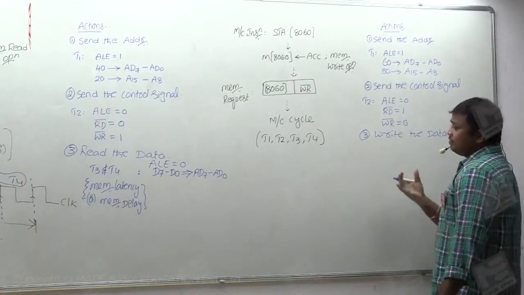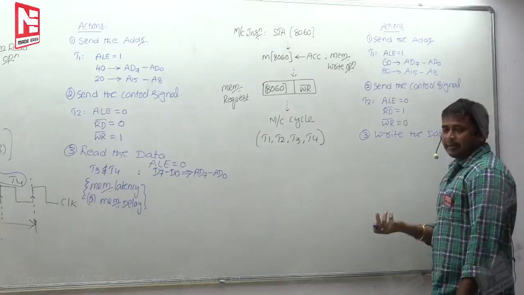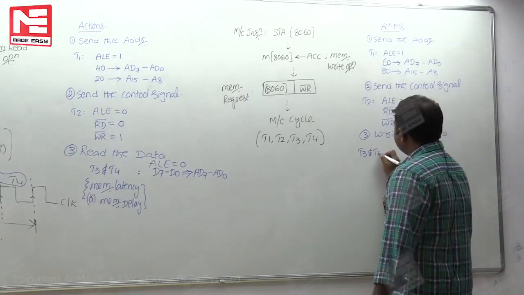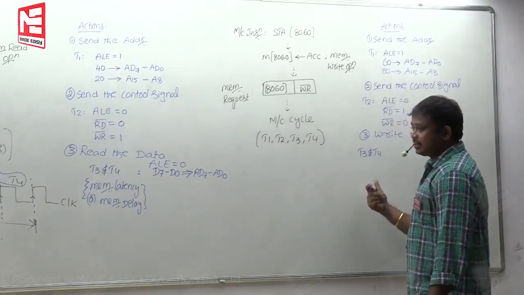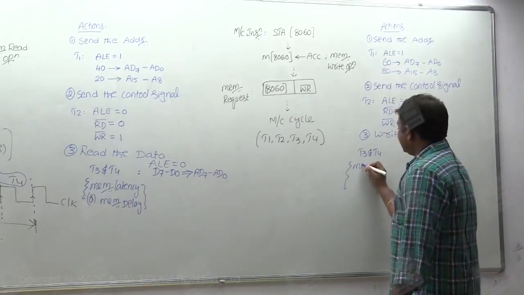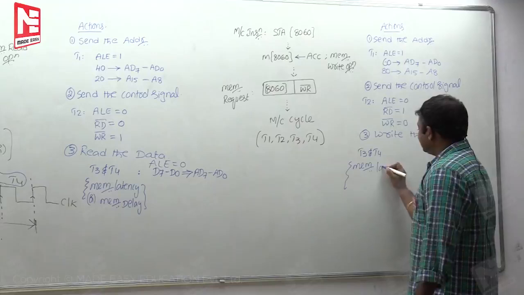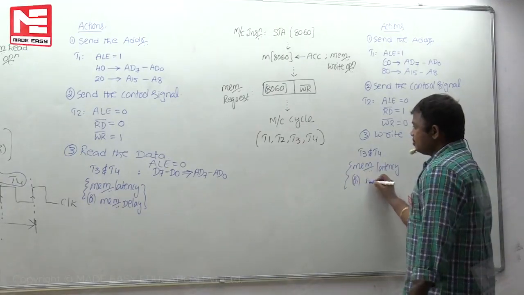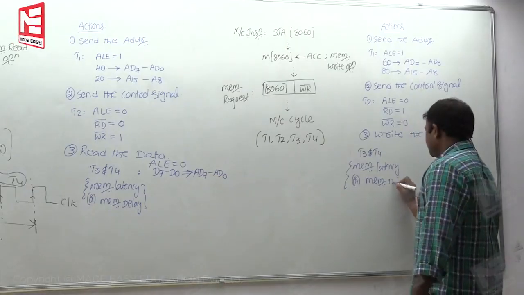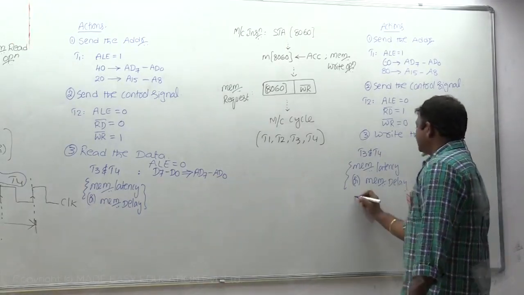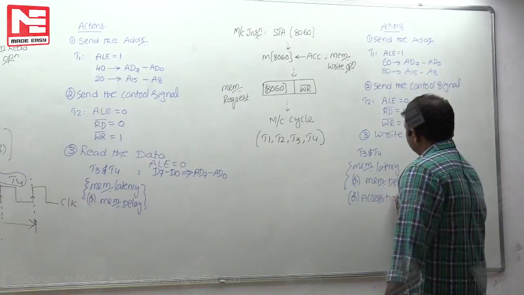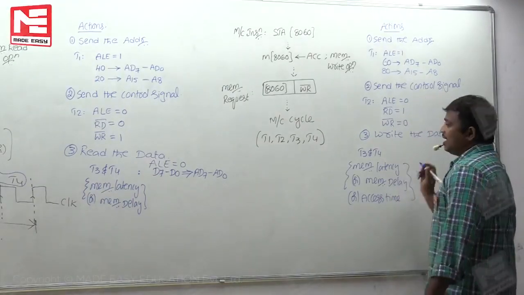Now, when we want to write the data, compulsory memory delay is required. To represent that memory delay, 2 cycles are reserved here. That is named as memory latency or memory delay or access time.